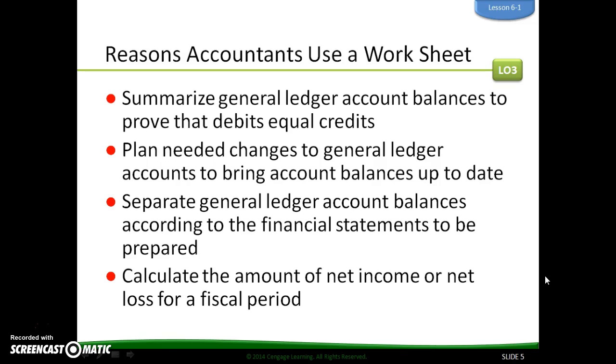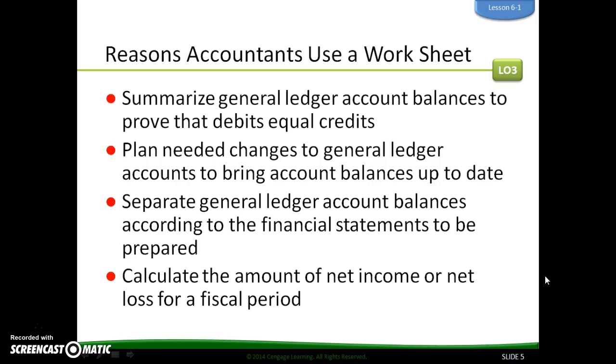This summarizes all of the general ledger account balances, and this is what we use to prove that all of our debits equal all of our credits. We use a worksheet to plan for any needed changes to general ledger accounts to bring account balances up to date for any information or any activity. We can then have separate general ledger account balances according to the financial statements that need to be prepared, recognizing that all financial statements are not exactly the same.